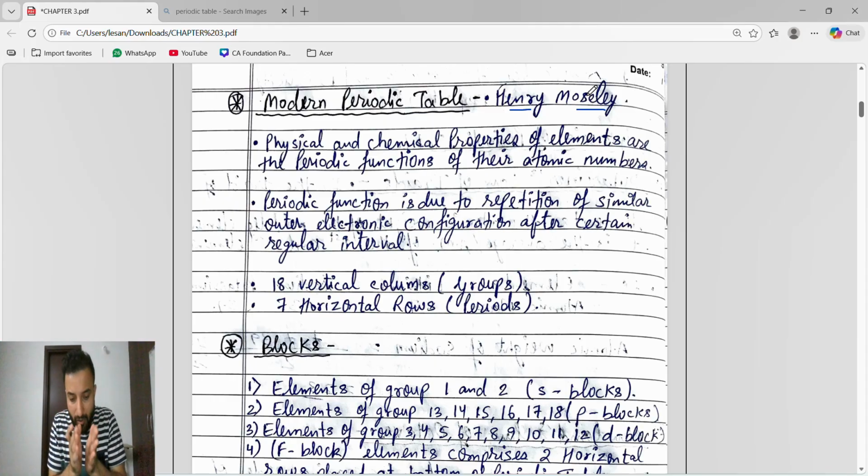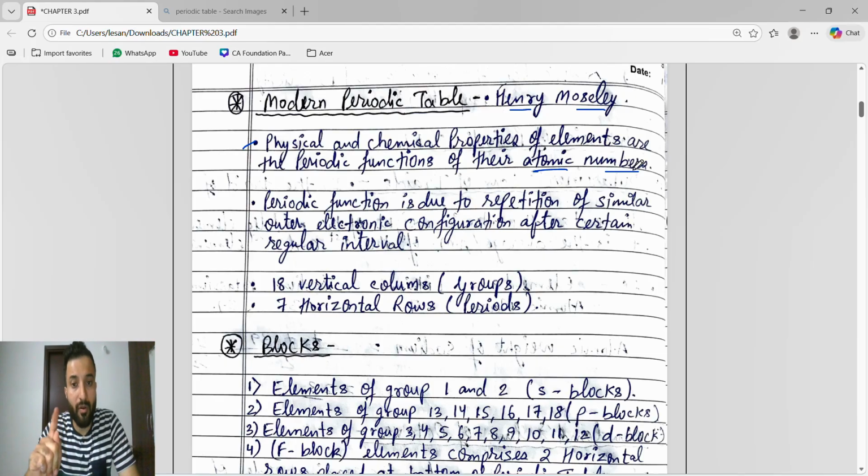See, the main concept behind why this modern periodic table succeeded: the first point is that physical and chemical properties of elements are a periodic function of their atomic number. Dobereiner's law, Newland's law, then Mendeleev, all these were focusing on atomic weight, atomic mass. Because of that they were not able to succeed.